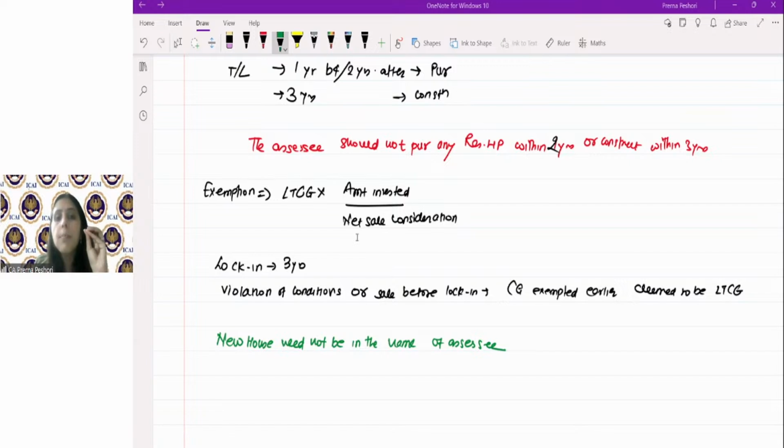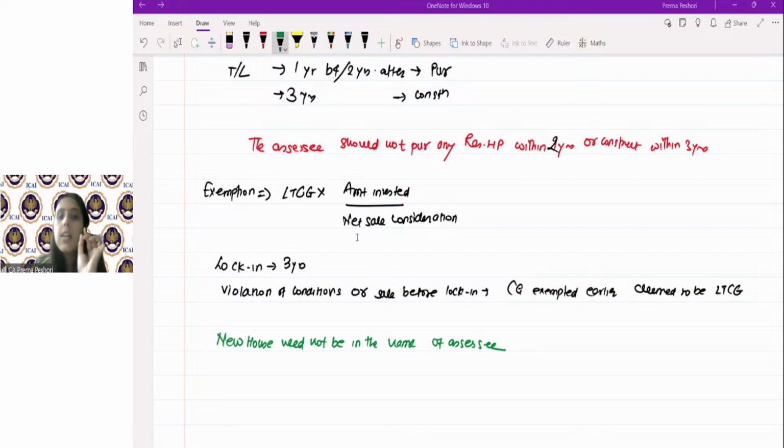There is one more issue mentioned under 54F: whether 54F will be denied in respect of investment made in the construction of a residential house on the ground that the construction was not completed within the 3 years on account of pendency of certain interior work. The assessee has taken possession of the building, but the interior work was pending.